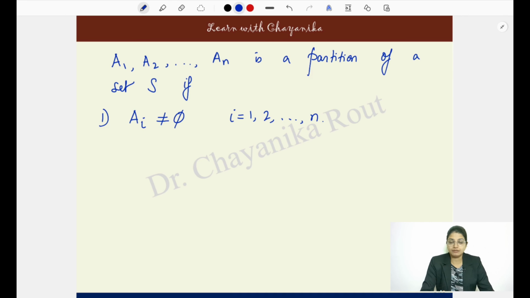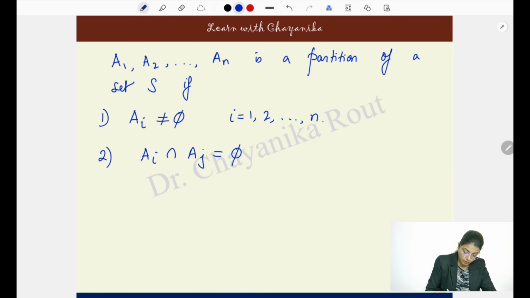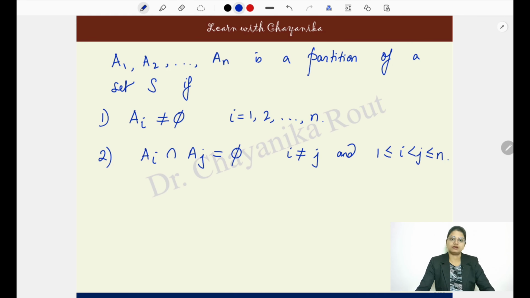So each Ai, be it A1, A2, A3 up to An, everyone should be non-empty. We should not consider an empty set in a partition. Second point is Ai intersection Aj should be equal to the empty set, where definitely i is not equal to j and both of them lie within the range 1 to n. And without loss of generality, we have assumed i is less than j.